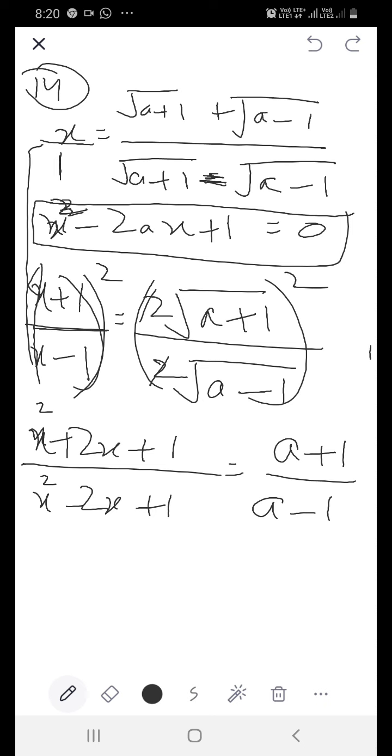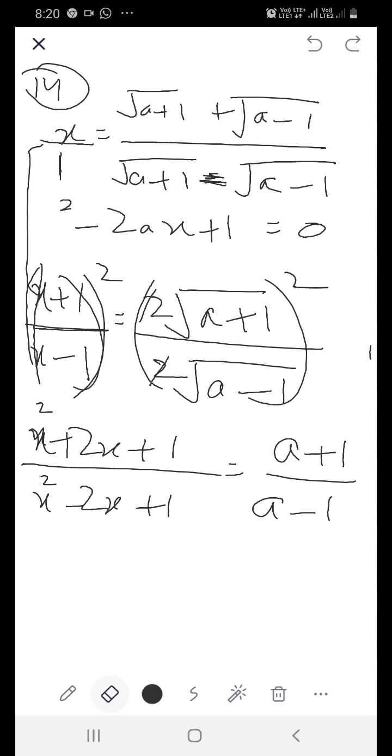Now what you are going to do is apply again componendo and dividendo on both sides in order to get the proof. The proof was this.